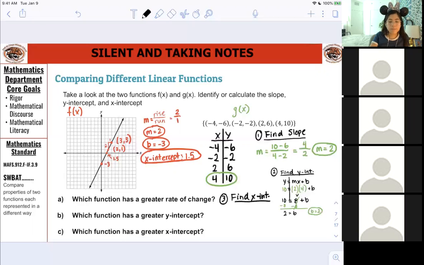It's going to be the general equation. Slope-intercept equation. So before you plug in 0, that's what I mean.